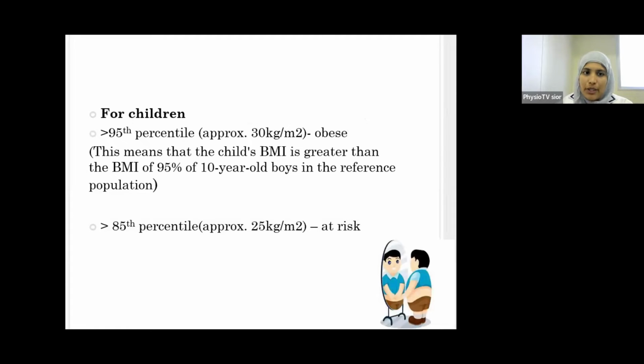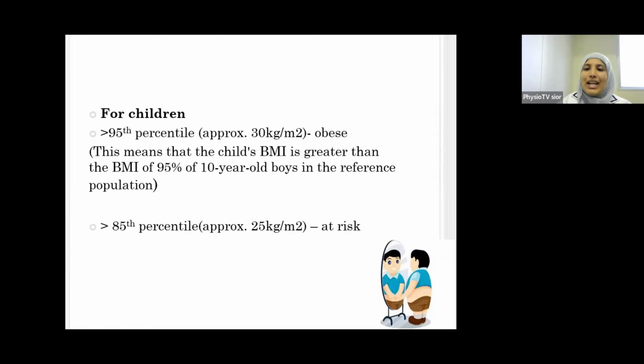Now for children, because we are seeing an increase in this obese category in the adolescents. The 95th percentile, which is approximately 30 kg per meter square, is labeled as obese.